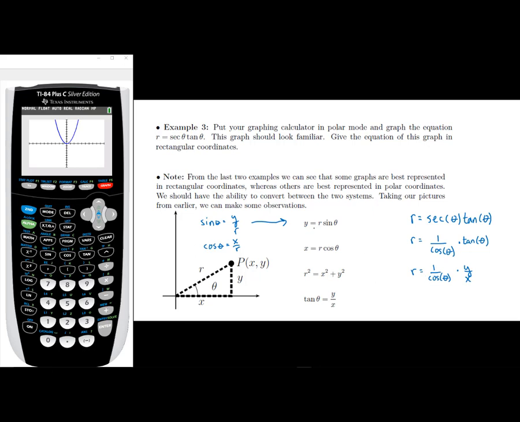Now I also see right here that x is equal to r cosine theta. And I could make r cosine theta appear if I just multiply both sides of this equation by the cosine of theta. And on the right side, my cosines cancel.